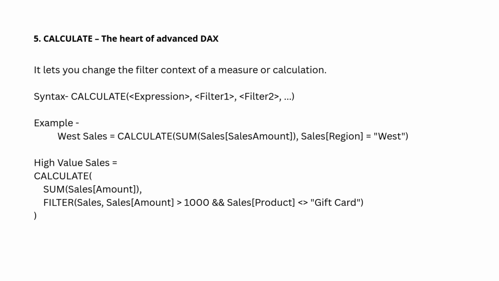I have given one more example where we are calculating the sum of sales amount using some filter condition. In simple cases, we can use the filter condition directly within the CALCULATE function without using FILTER, with the filter conditions separated by commas.